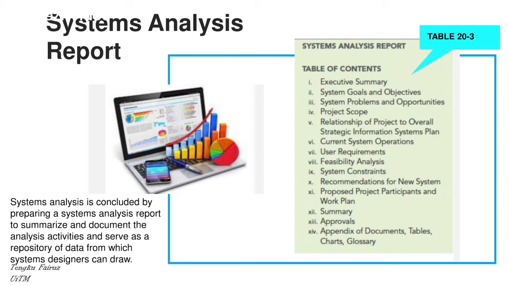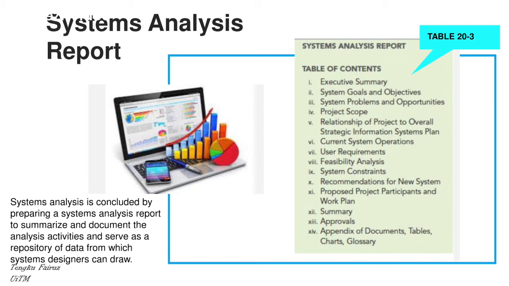It can have content related to the goals and objectives, problem, opportunity, the project scope, relationship of project to the overall system plan, current system operations, user requirements, feasibility analysis, system constraints, recommendation for the new system, proposed project participants and work plan, and also supporting documents, appendix and so on.